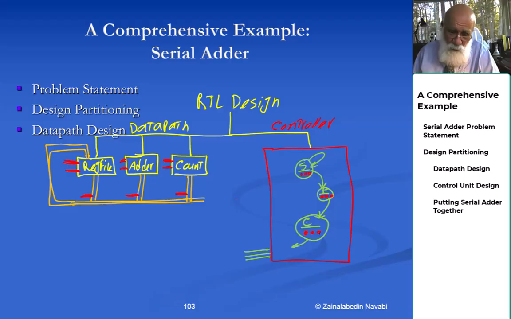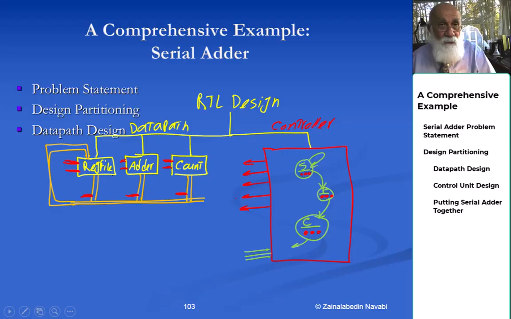These control signals that are issued, I'm showing them as red dots here, those are the control signals that are issued by my controller and are passed along to the data path. And therefore, the data path doesn't make decisions.